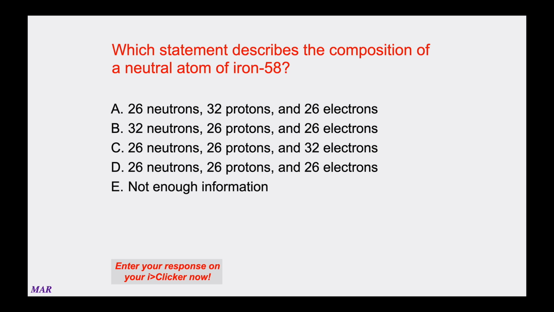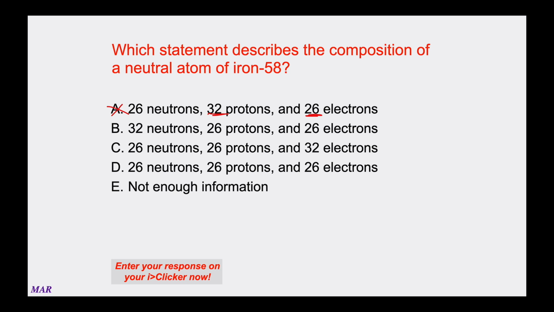In A, you have 32 protons and 26 electrons. There are more protons in A than there are electrons. That's going to be very positive. More protons than electrons means positive. So answer A is not going to happen.